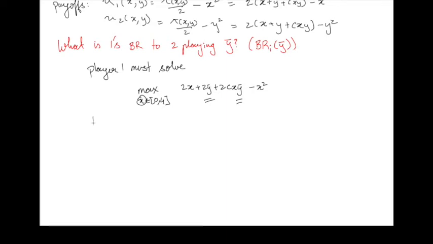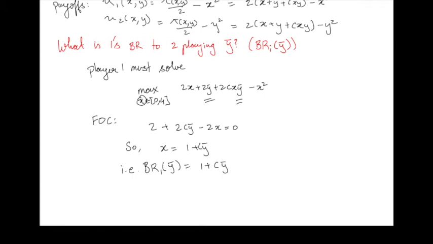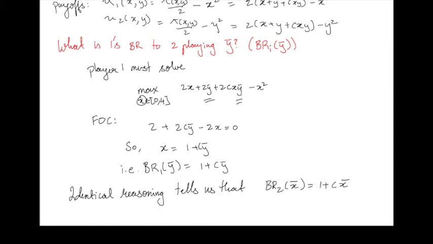The first order condition is 2 plus 2c y bar minus 2x equals 0. So the optimal x is going to be 1 plus c times y bar. So the best response of player 1 to y bar is 1 plus c times y bar. Similar reasoning will tell us that the best response of player 2 to player 1 choosing some level x bar is 1 plus c times x bar.